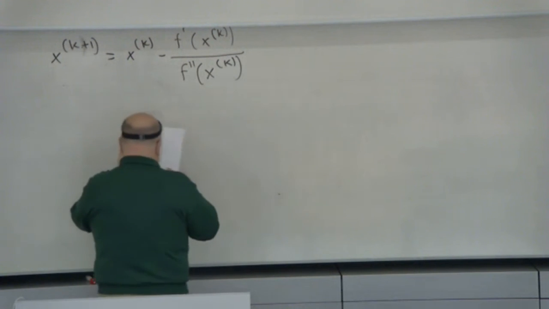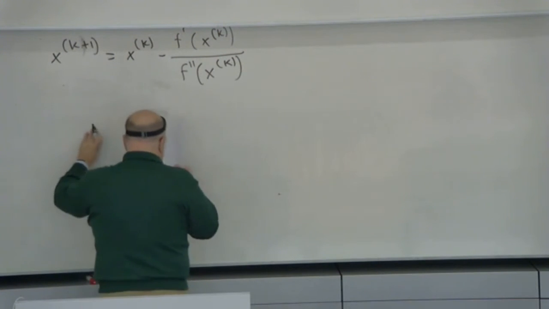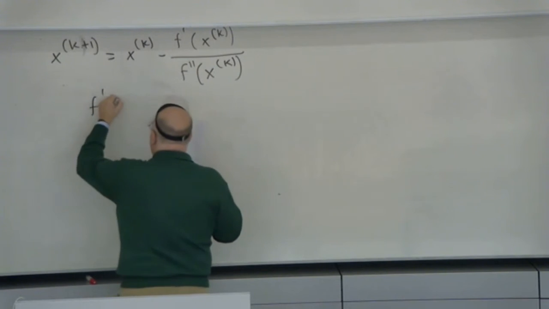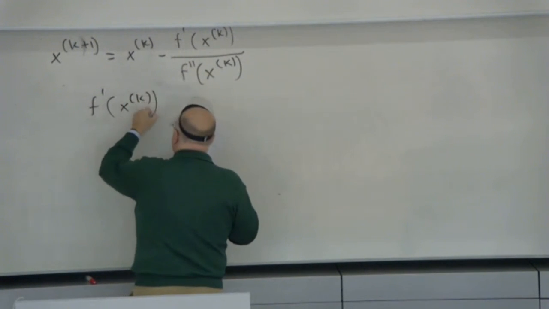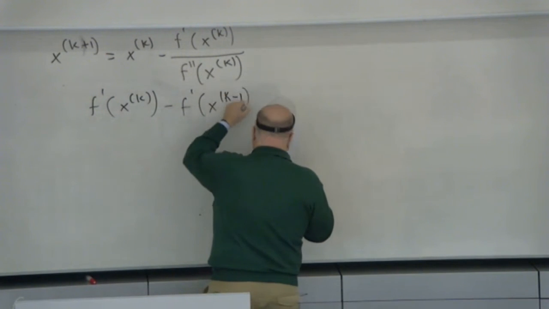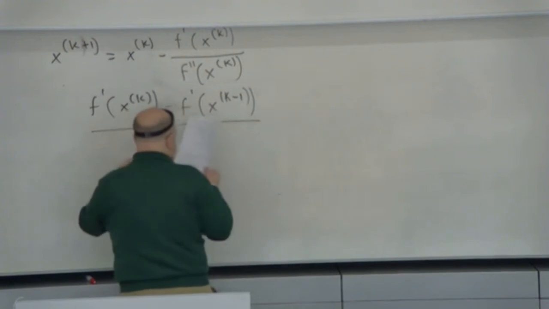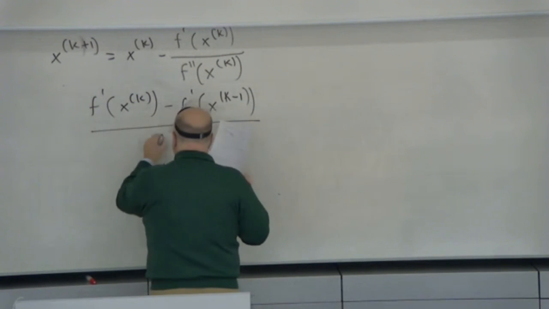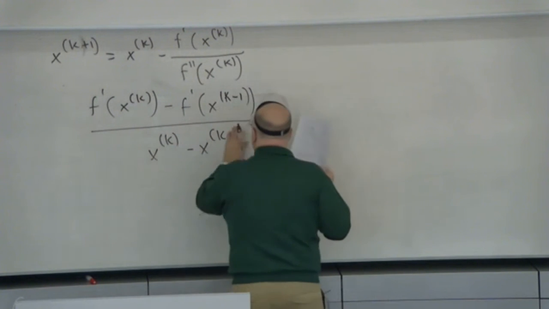So instead of the second derivative, you take the ratio: f prime at xk minus f prime at xk minus 1, over xk minus xk minus 1.